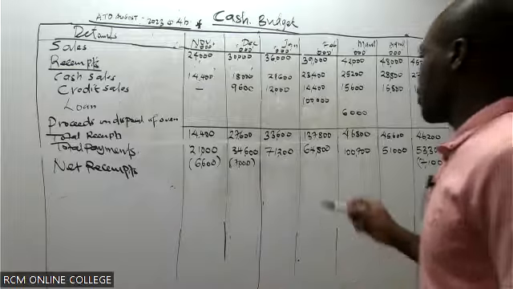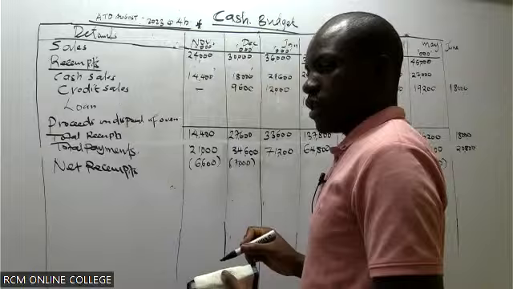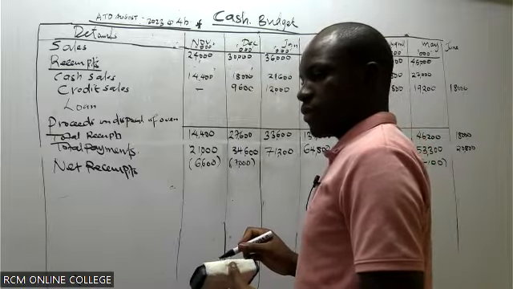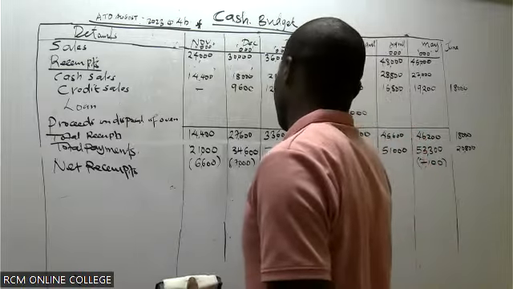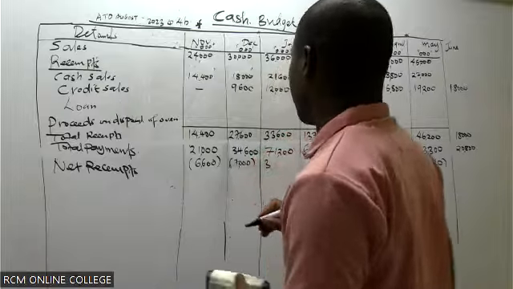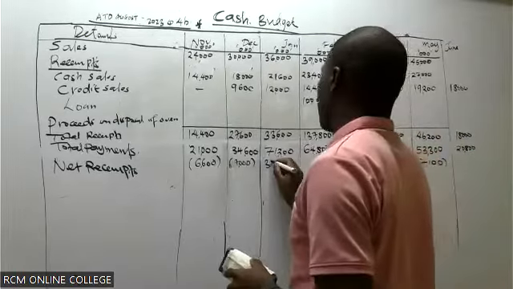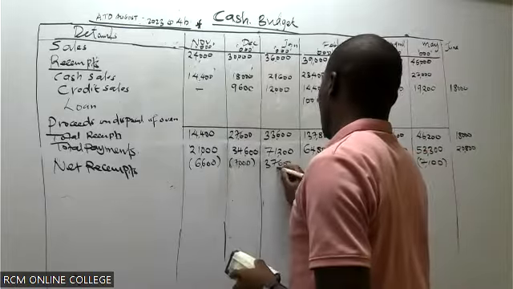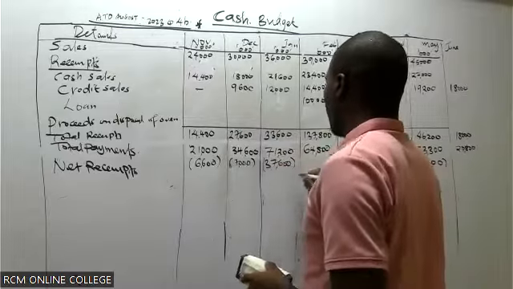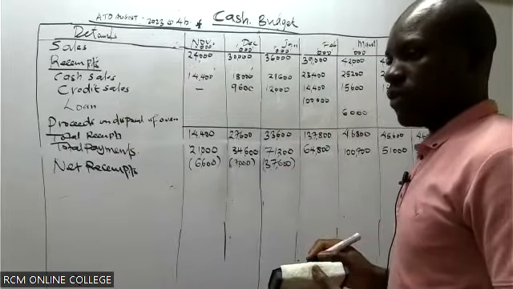What figure? 37,600. 37,600, really? Oh, yeah. Na ni negative. How about February? February ni ngapi?